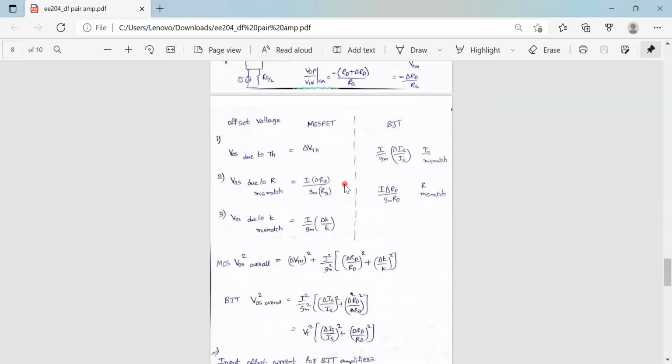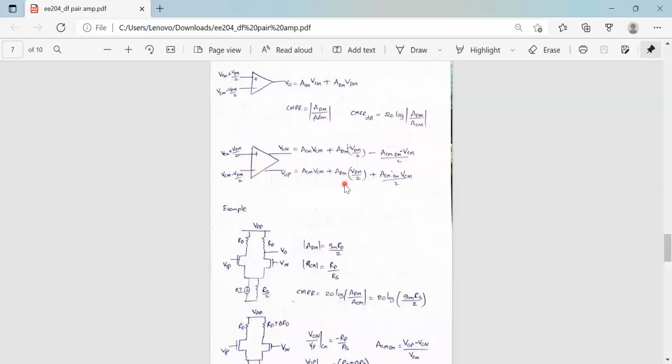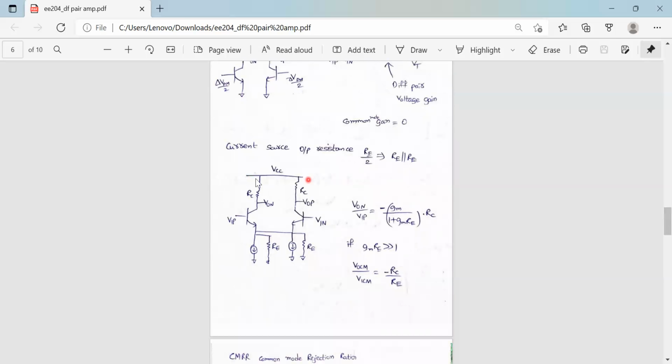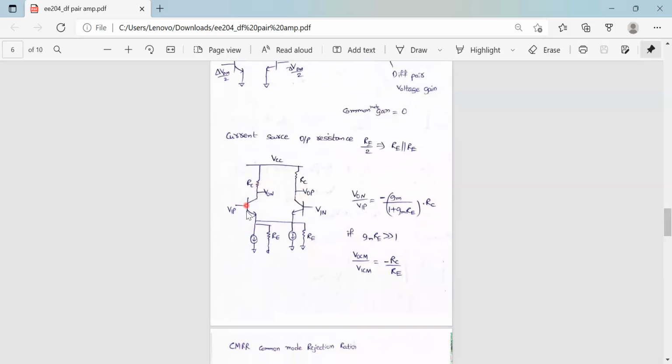There are some irregularities in the differential pair amplifier, because this RC need not be exactly the same as the RC here. There may be some differences, and there may be differences in the two BJTs.